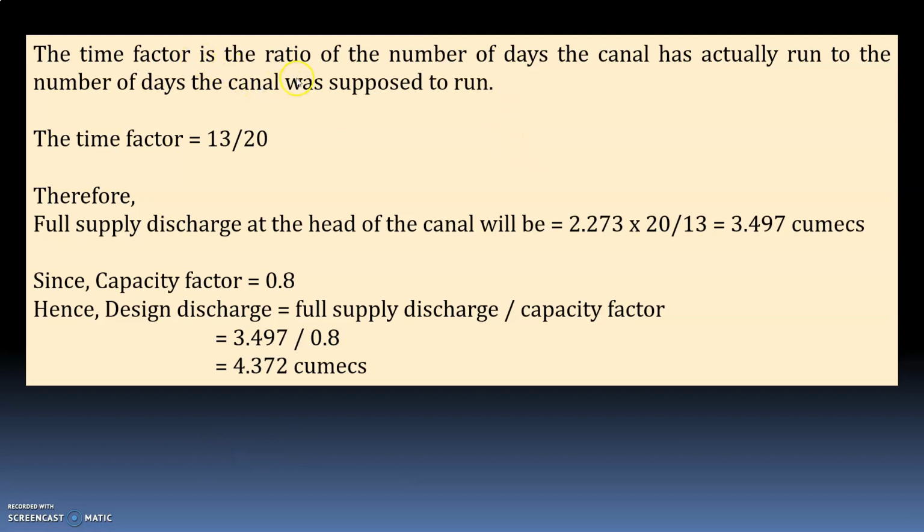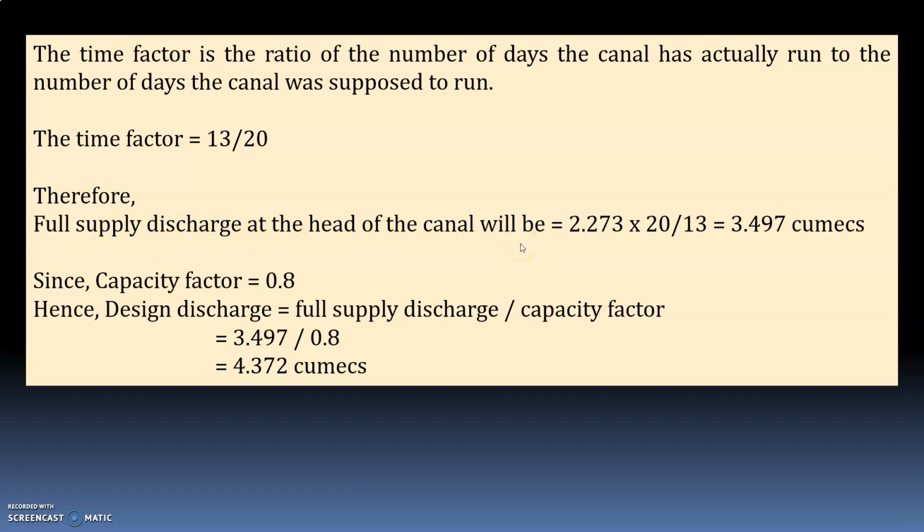Time factor is the ratio of the number of days the canal has actually run to the number of days the canal was supposed to run. That is given here, 13 divided by 20. It is given in the problem. Now you have to consider the full supply discharge at the head of the canal.